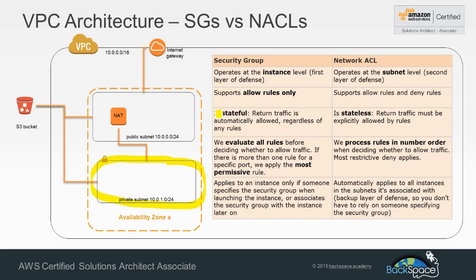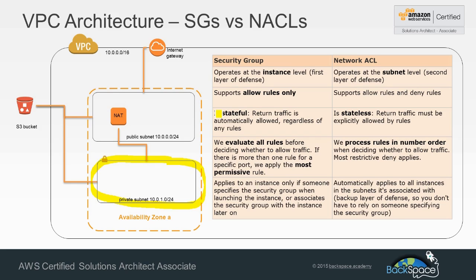If there is more than one rule for a specific rule, we apply the most permissive rule. The most permissive rule, not the most restrictive rule. So if you have a CIDR block that is more broad, the more broad and more permissive rule will prevail.